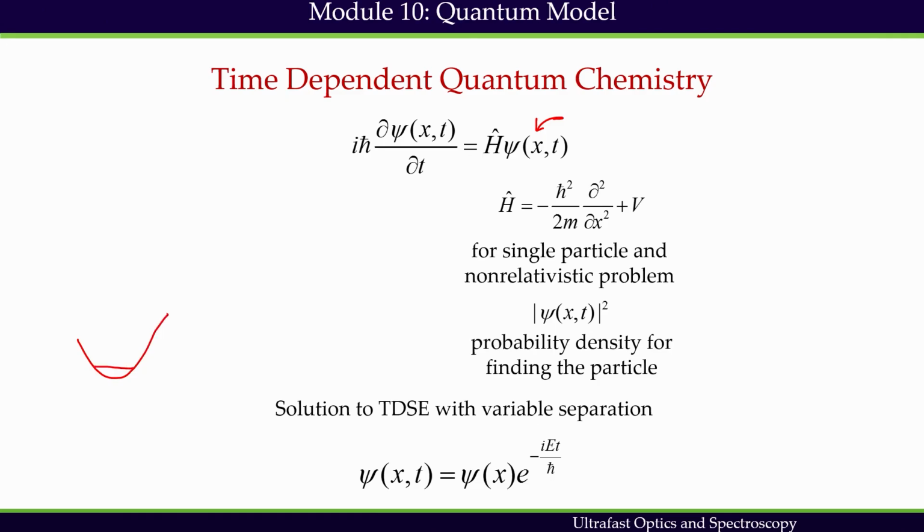Let us say I have a ground electronic state and the system is in the vibrationally ground state, and I am exciting the system to the electronically excited state. In the electronically excited state, I have different vibrational states.